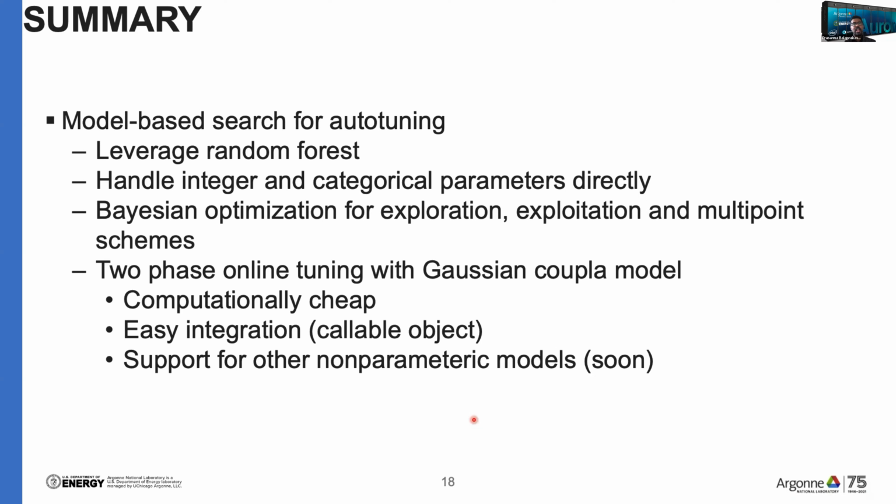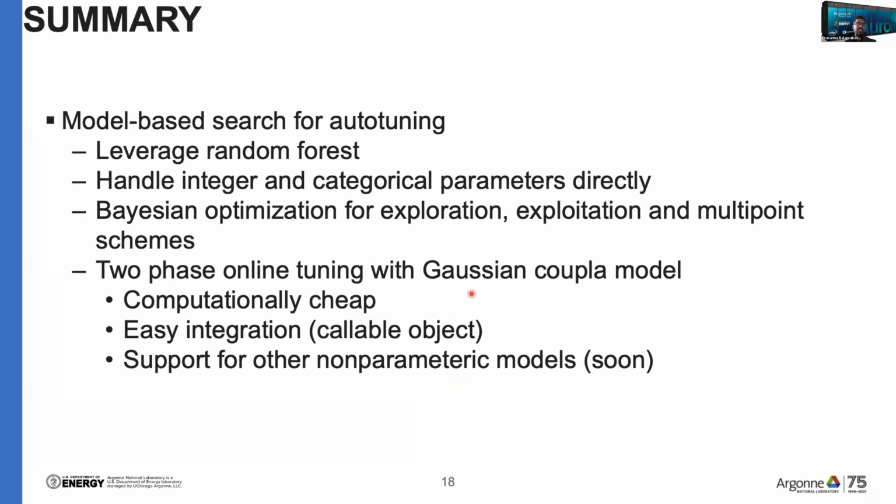We are also exploring other non-parametric models. Please keep an eye on the repo. We are currently looking at various other models instead of the Gaussian copula to come up with these online models that are a lot more efficient. But so far for the input sizes, the Gaussian copula meta model works very well.